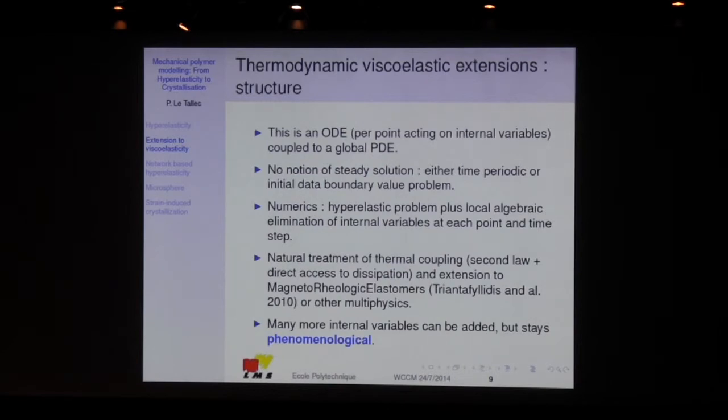The next thing is, because you have the second law and the first principle, you can complexify the problem to introduce additional variables, like in magnetorheological elastomers with Nick Triantafyllidis and Kostas Danas, like other multiphysics that I've seen with Christian Linder yesterday. The treatment will always be roughly the same.